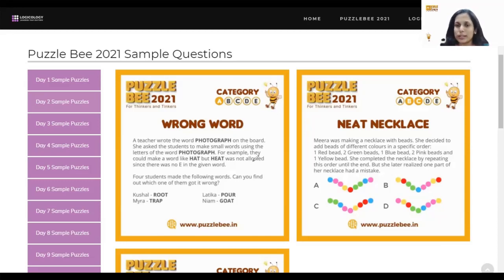So let's go for option A. You have one blue. So blue should be followed by 2 pink. So that looks fine. Then one yellow. That again is fine. After yellow, you will go back to red. So do you have one red bead? Yes. Then 2 green. Okay, this is fine.